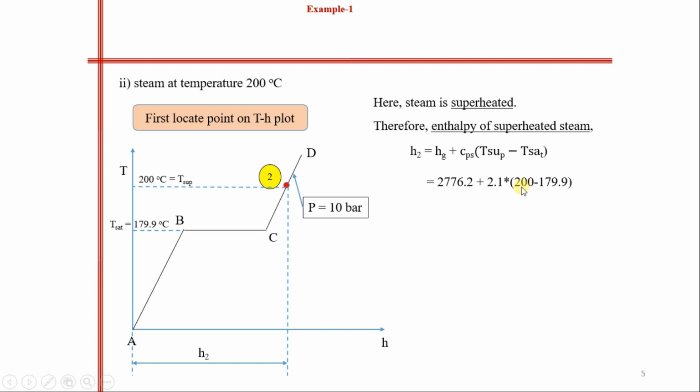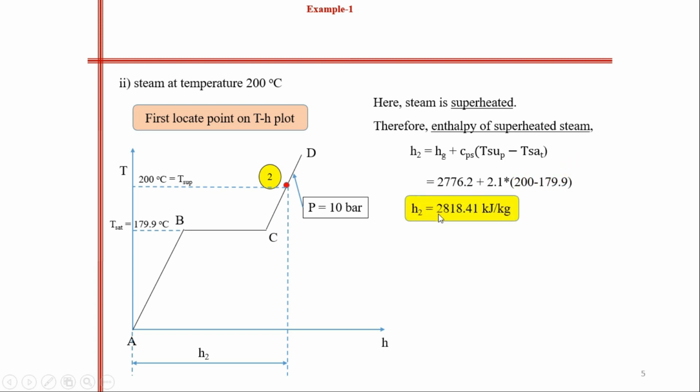Here I have not converted the temperature into Kelvin because it doesn't matter when we take the subtraction. Whether we use Celsius or Kelvin, the difference will be the same.